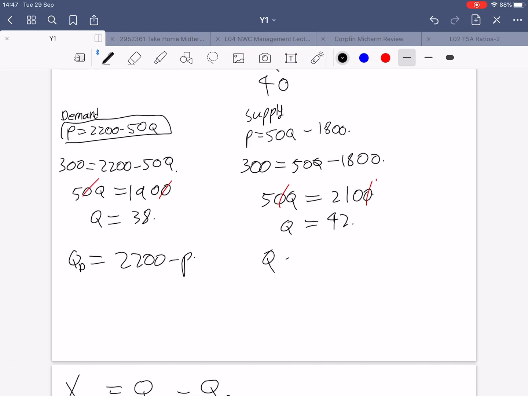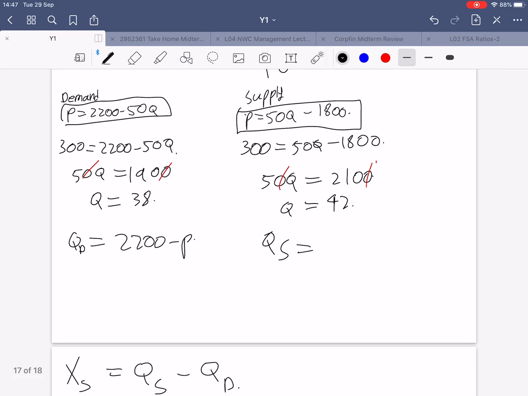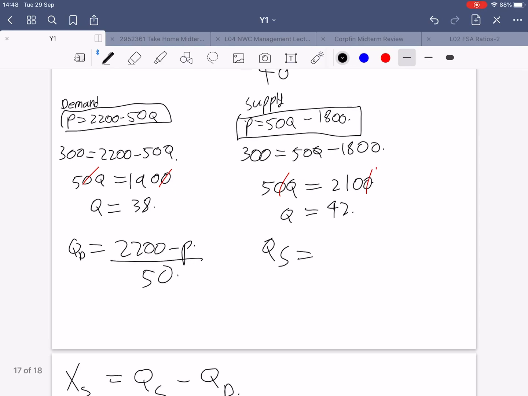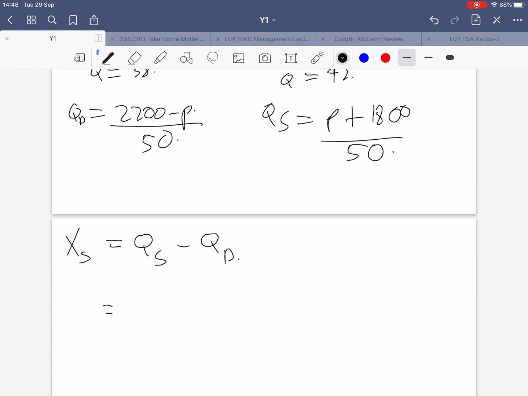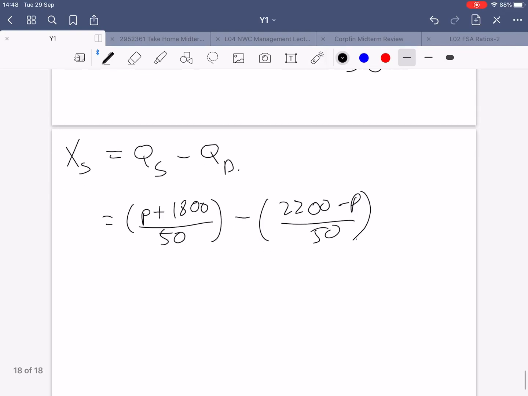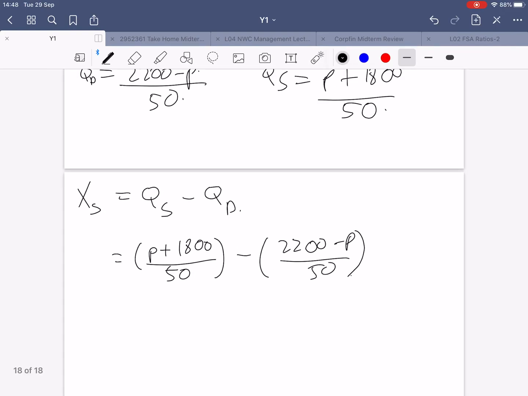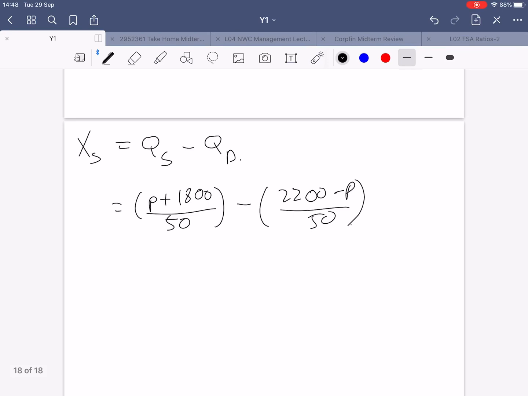Okay, and for the QS, we're going to do the same here. So QS is going to be P plus 1800 over 50. Right, so we can find XS: P plus 1800 over 50 minus 2200 minus P over 50. Okay, so now we can calculate the excess.